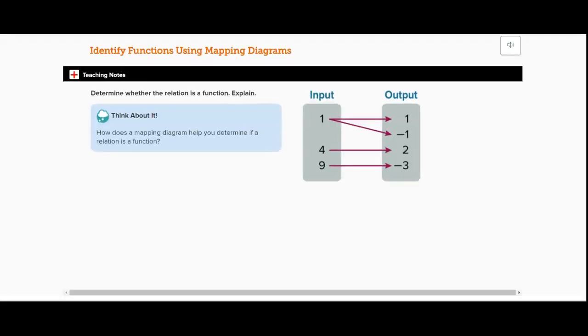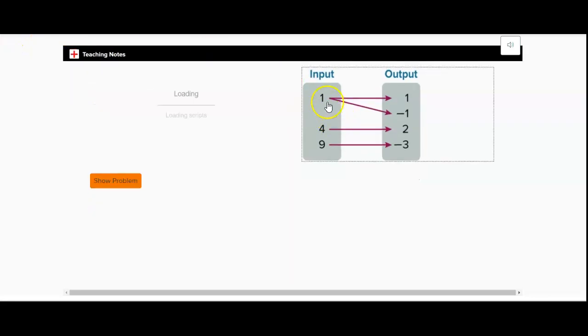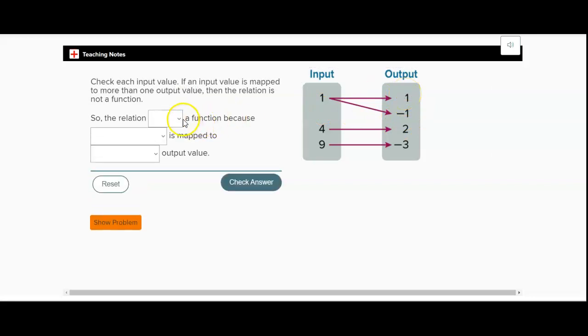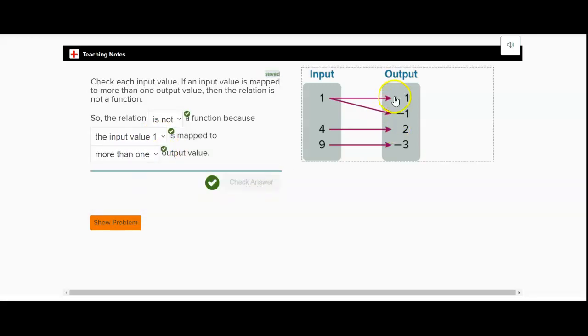All right, so let's see if we can figure this out now with a few examples here. Is this a function or not a function? What do you think? So if we look at this input, we see that there are two different outputs. And this relationship is not a function because that one is mapped to more than one output value here.